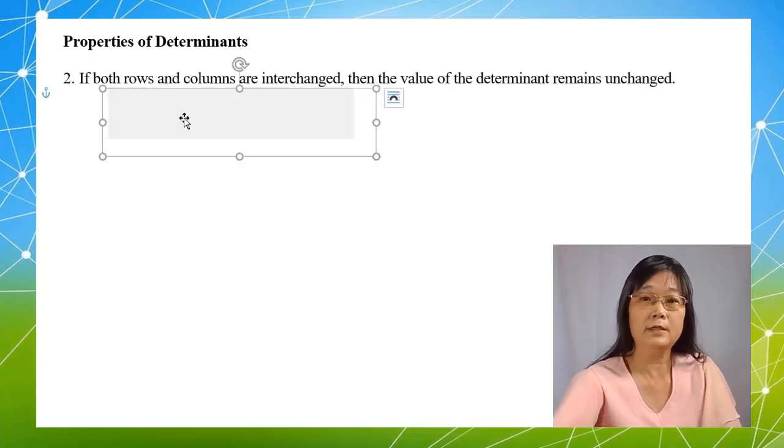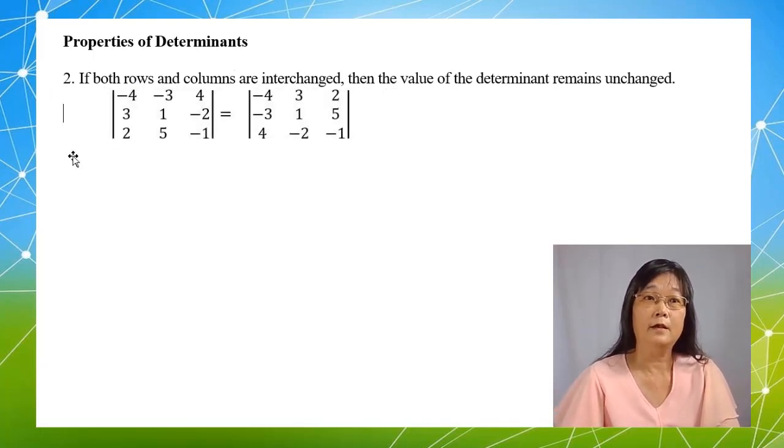Now we look at this one. Here we can see that the first row becomes the first column, the second row becomes the second column, and the third row becomes the third column. So in this case, the value of the determinant remains unchanged, meaning the determinant is the same.